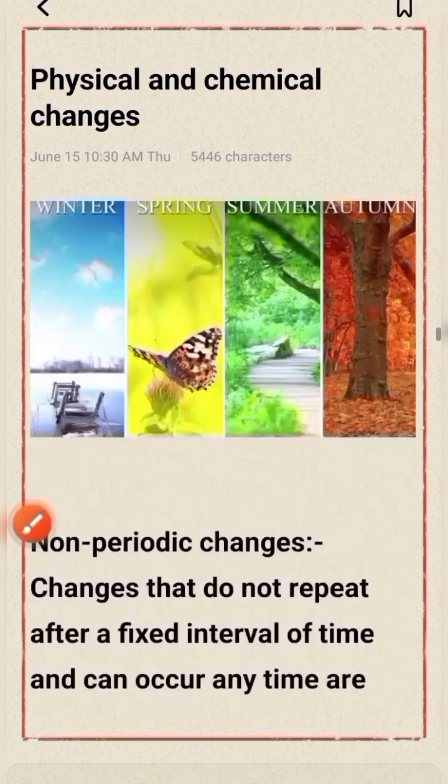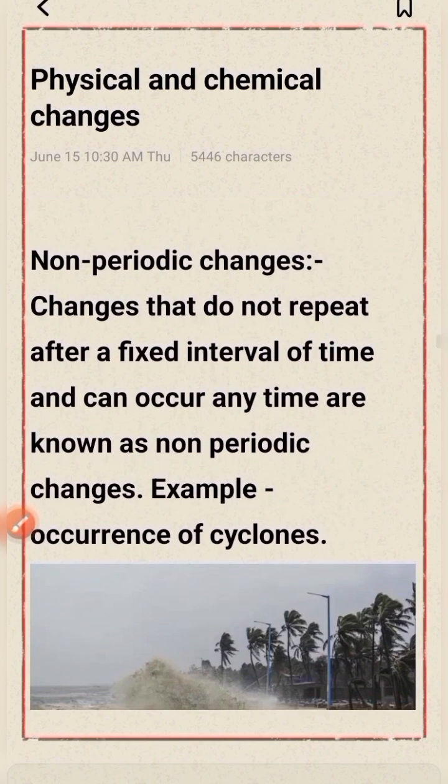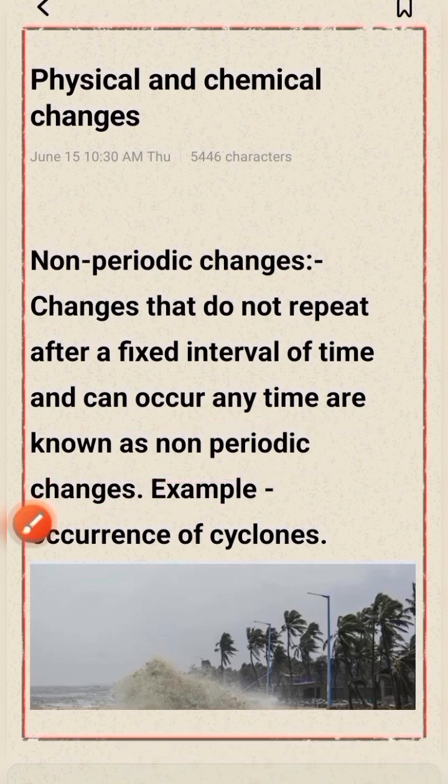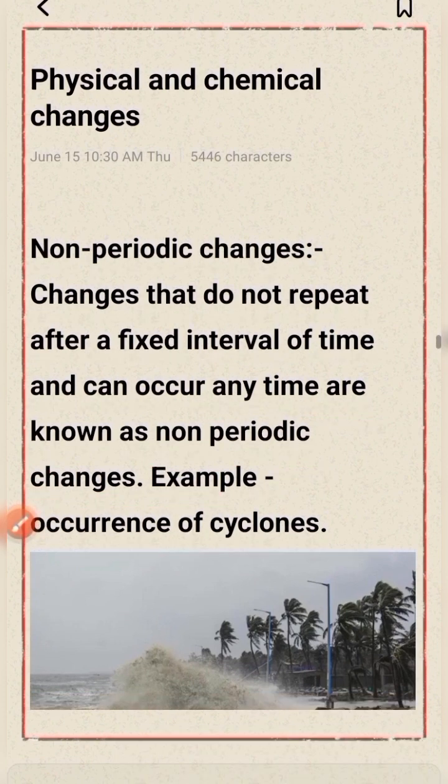Next, changes, non-periodic changes. Changes that do not repeat after a fixed interval of time and can occur anytime are known as non-periodic changes. That is an example, occurrence of cyclone. That is one type of non-periodic changes.